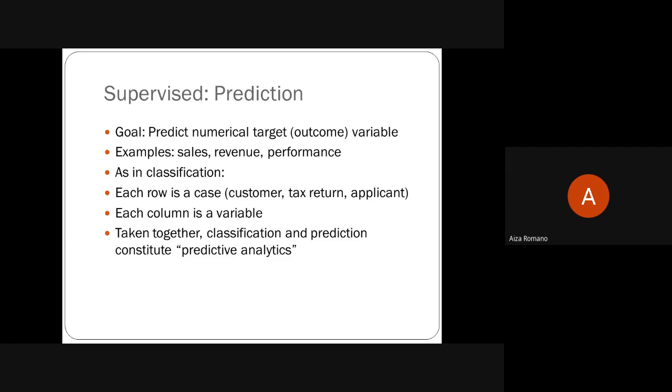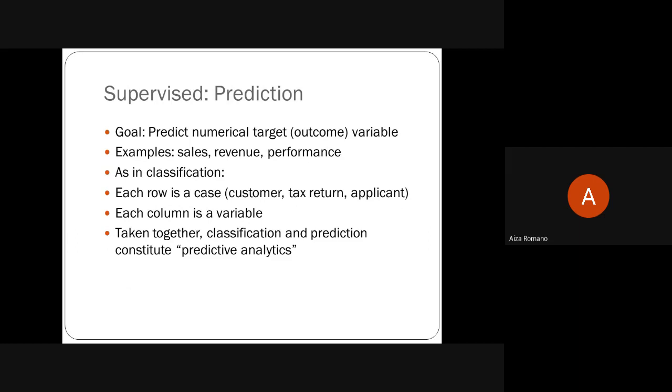Prediction is similar to classification, except that we are trying to predict the value of a numerical variable, for example, amount of purchase, rather than a class, for example, purchaser or non-purchaser. Of course, in classification, we are trying to predict a class, but the term prediction in this course refers to the prediction of the value of a continuous variable.